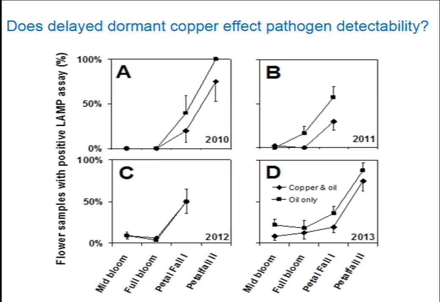So antibiotics are probably slowing this down, but they don't necessarily stop the epiphytic phase that occurs. The other thing is that I don't think I put the slide in, but we did a lot of fruit finish evaluations on this as well, and we didn't show any effect on the finish of the fruit in terms of russeting by the copper treatment put on at the delayed dormant timing.